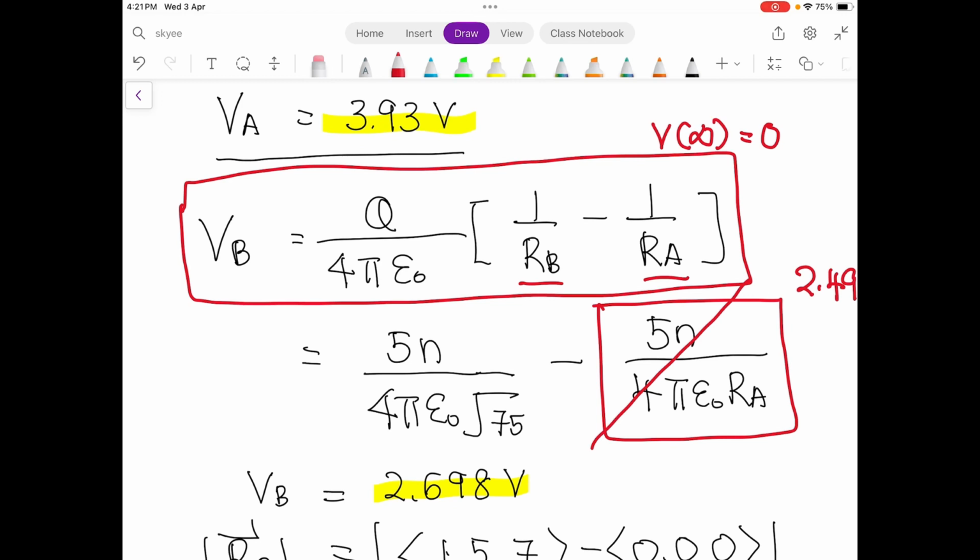But sometimes, like in this equation, it is not equal to 0, so you have to find it out.